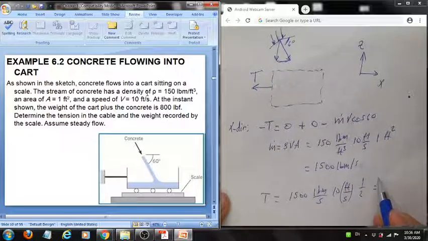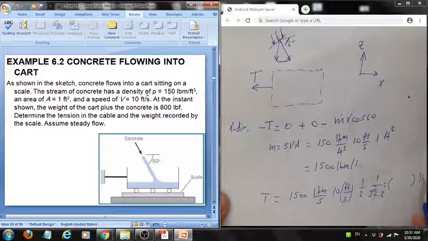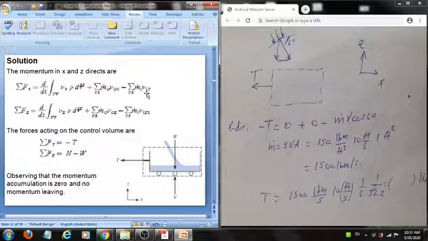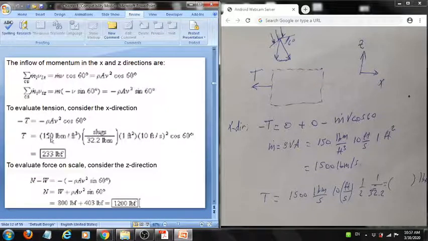Now to transfer this into pound force, we have to divide by 32.2, so to get the number in pound force. So here's the tension, as we have seen in this equation.